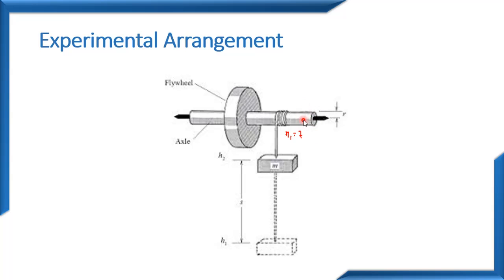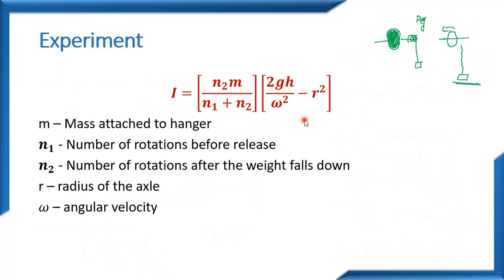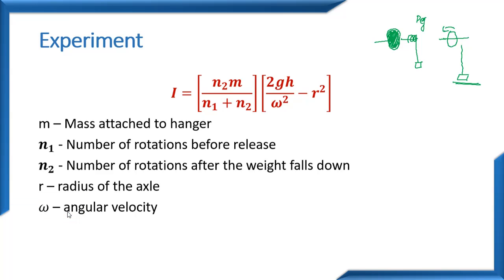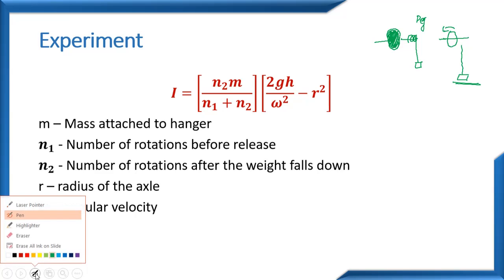So we will measure this radius of the axle using a vernier caliper. Using a vernier caliper, what we get will be its diameter. So we'll divide it by 2 and we will get the radius of the axle, and the last term omega is the rotational velocity of that body.